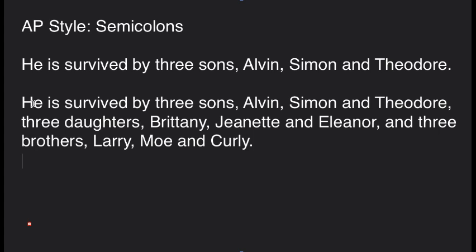So to punctuate this correctly, we would look through it and say, he is survived by three sons, Alvin, Simon, and Theodore. And we're going to change this to a semicolon. Three daughters, Brittany, Jeanette, and Eleanor. And we're going to change that to a semicolon. And three brothers, Larry, Moe, and Curly. Now, you may be saying, but what about this?